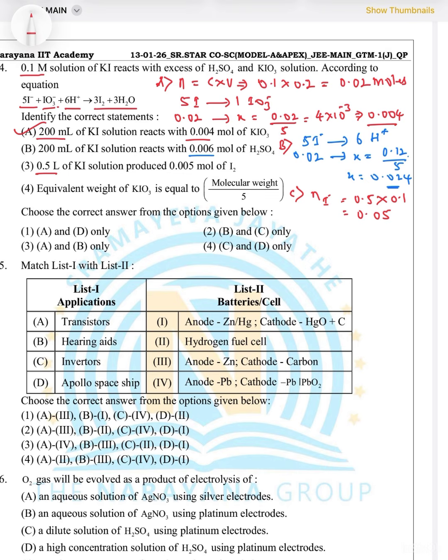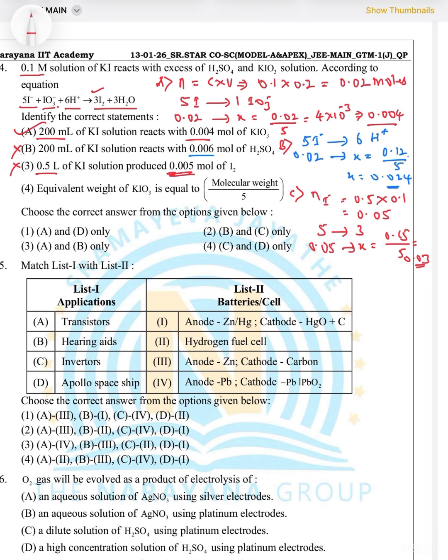Potassium iodide, how many moles are there? 5 moles are producing how many moles of iodine? 3 moles. Then 0.05 moles produces how many moles? That is 0.15 by 5, that is equal to 0.03 moles. So 0.03 moles, but here 0.005 is given. That is also a wrong statement. B is wrong, C is also wrong.